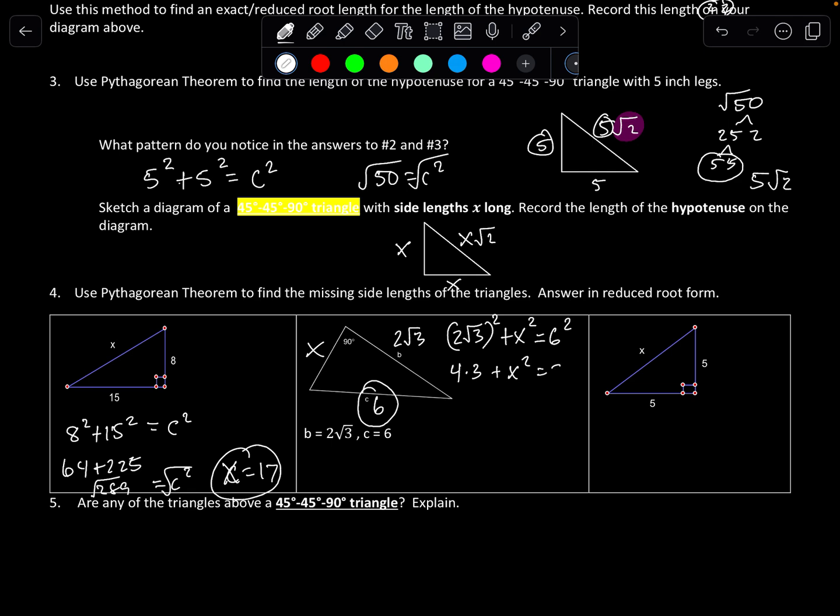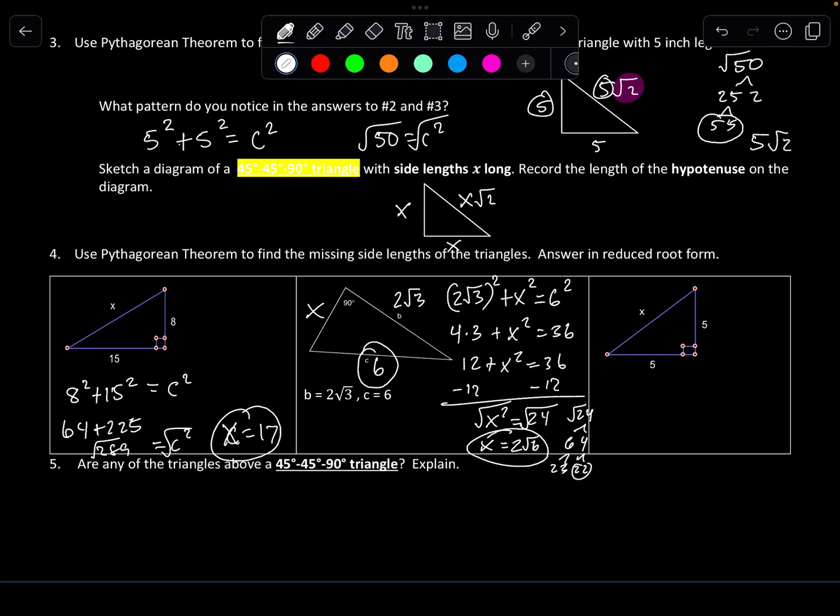Plus x squared equals 36. Well, that's 12. And if we subtract 12 from 36, we get x squared equals 24. Square root both sides, and x equals, well, what's the square root of 24 simplified? 6, 4, 2, 3, 2, 2, which is 2 root 6.